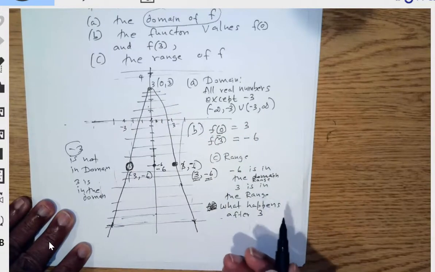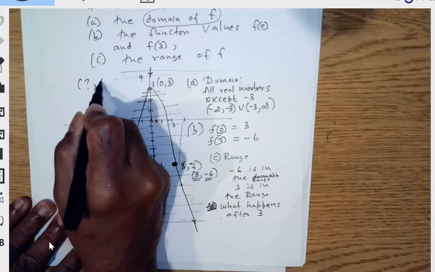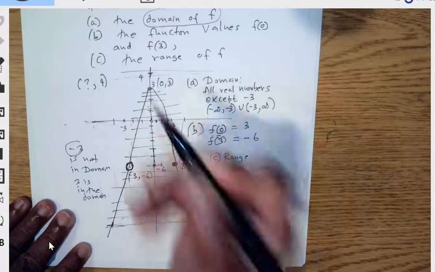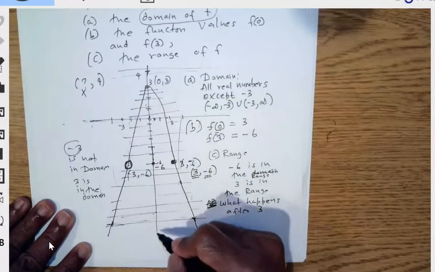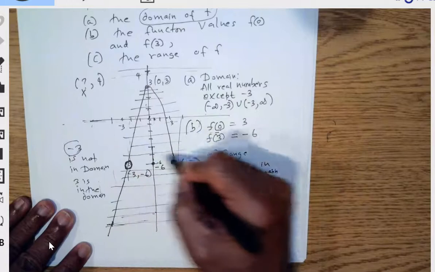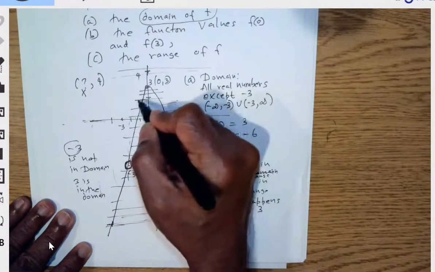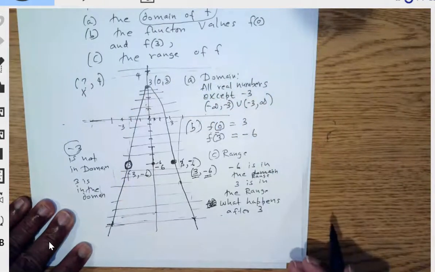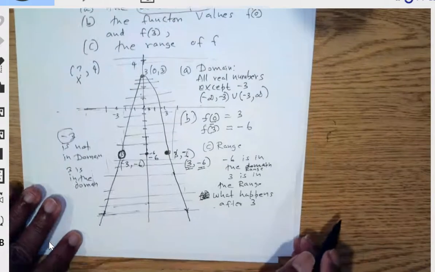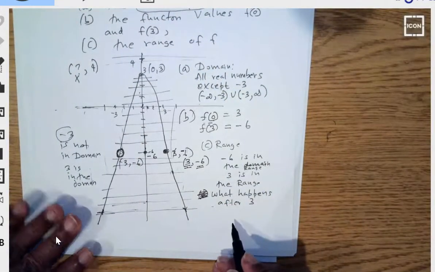There is no x coordinate that gives a y coordinate of 4. It stops. There's nothing. So you can see every level is hit by an x coordinate, including 0. But after 3, it doesn't hit. So then we know the range: everything up to 3 is being hit, but after 3 is not being hit.